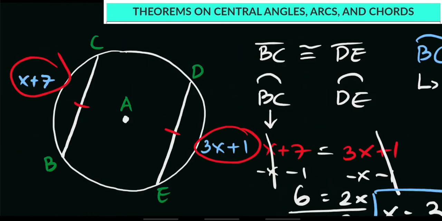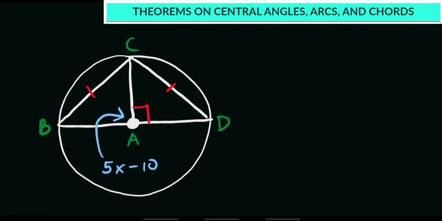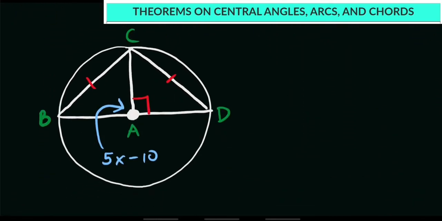Next, let's answer this one. According to this figure, same procedure: let's apply the theorems for central angles, arcs, and chords. According to this figure, we have congruent chords. We have line segment BC, which is congruent to CD.